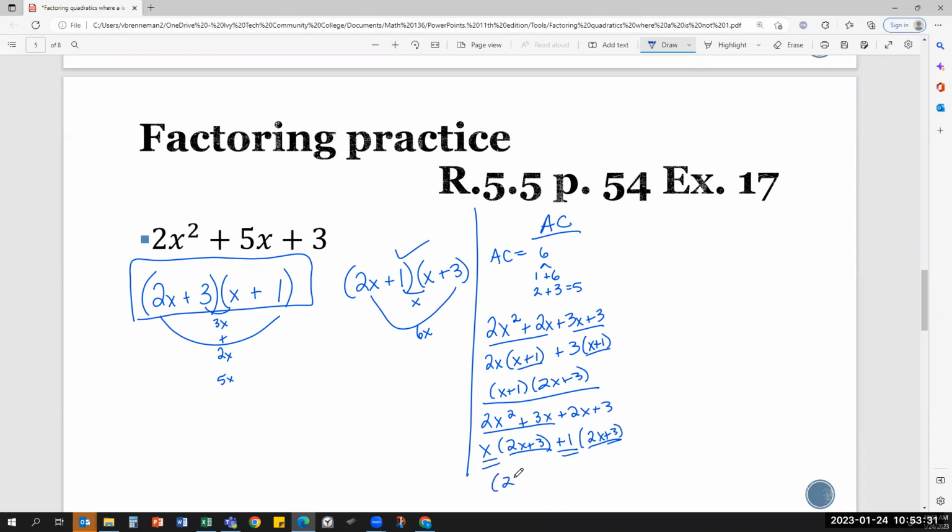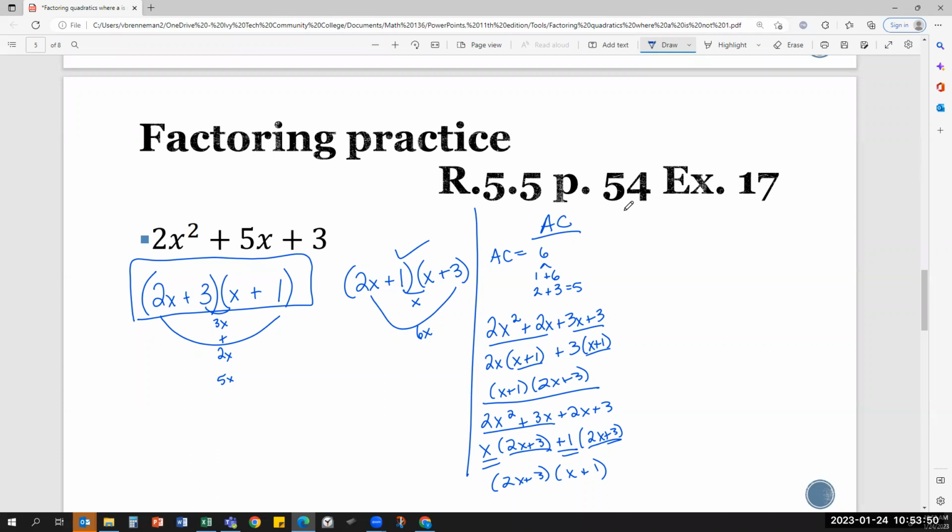So we have the 2x plus 3 times the x plus 1. Again, you wouldn't have to do both of those, just whichever one you happen to do should work. You don't have to make sure that you're doing it in the right order. That's the main thing there.